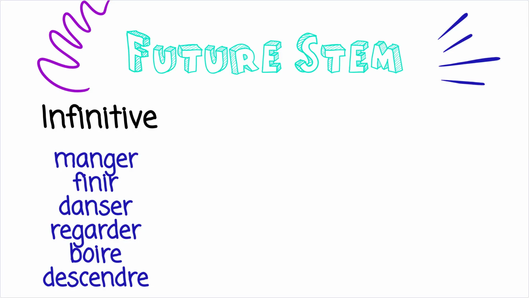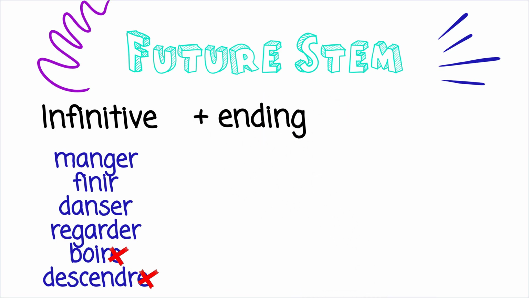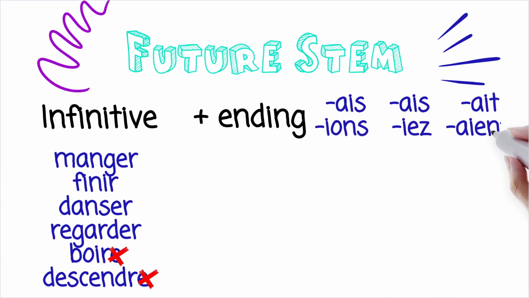If they end in an E, like boire or descendre, we're just going to remove the E before we add our ending. So a reminder that our endings are AIS, AIS, AIT, IONS, IEZ, AIENT. They will just go on to the end of the infinitive for the majority of verbs in French.